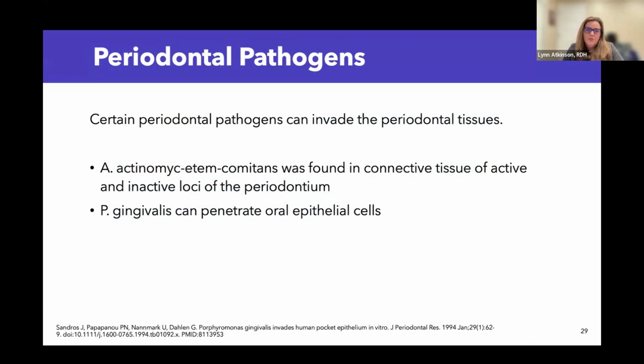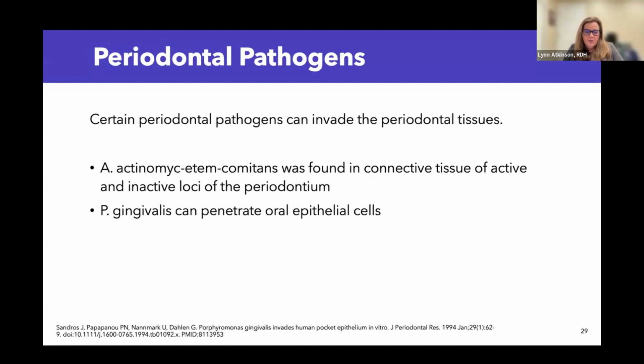So certain periodontal pathogens can invade the periodontal tissues. I feel like this is really important, the periodontal pathogens invading that sulcus, because there's no other way to get to that bacteria.